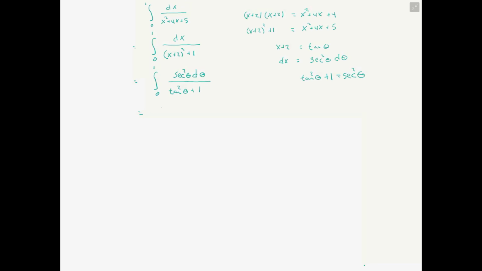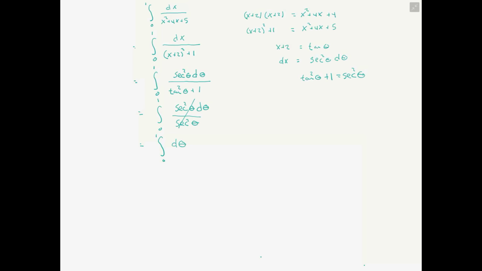So in the numerator and the denominator we have secant squared theta d theta over secant squared theta. That cancels, and we end up with 0 to 1 d theta.